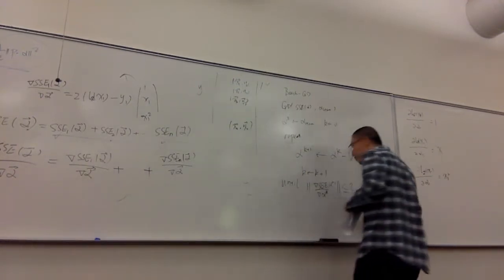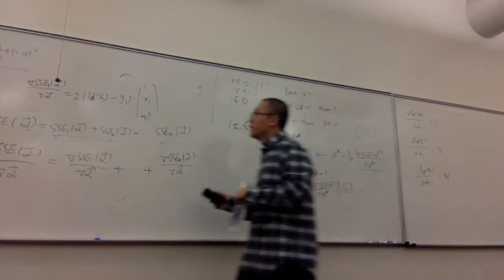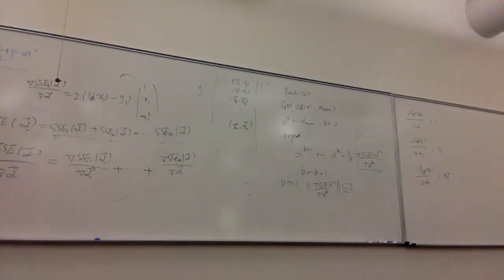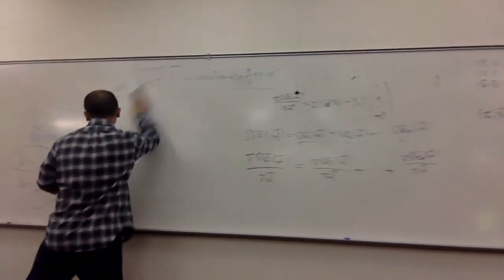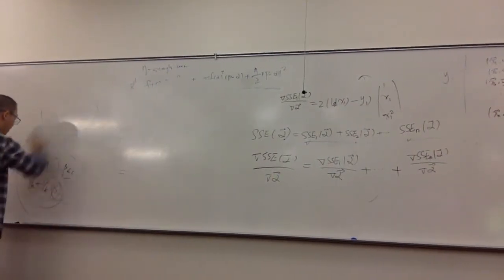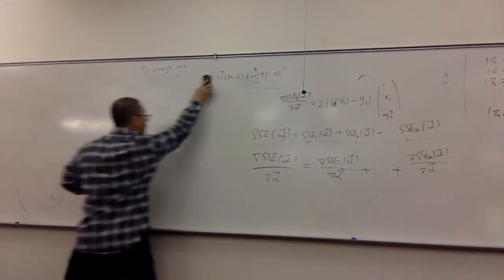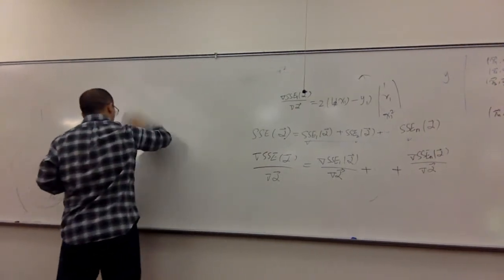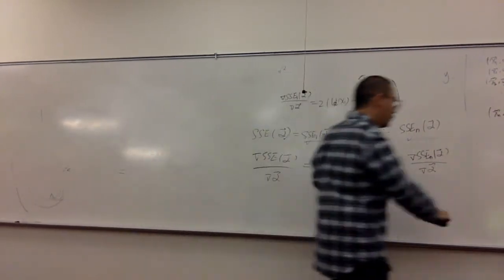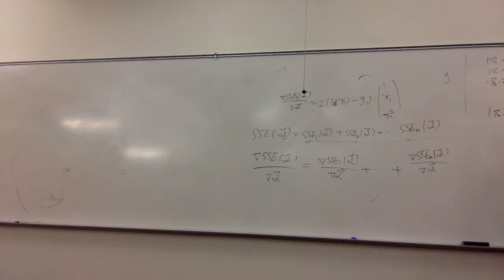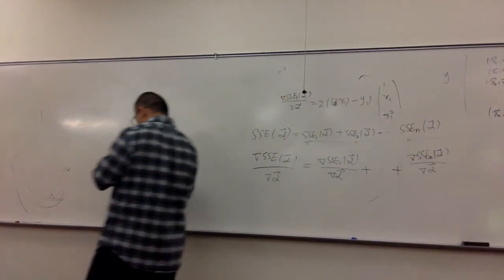So let us introduce the first variant of gradient descent. It's called incremental gradient descent. So what is incremental gradient descent?